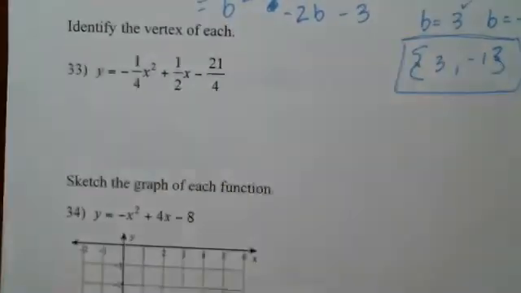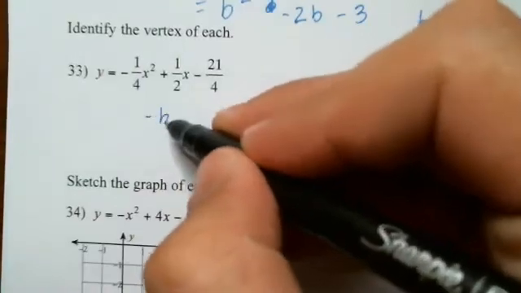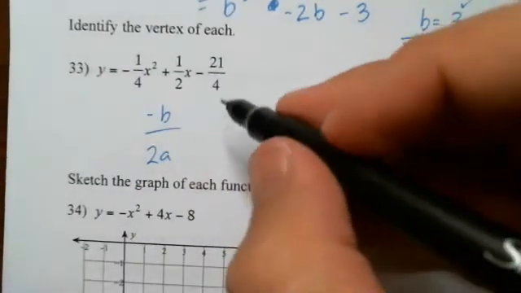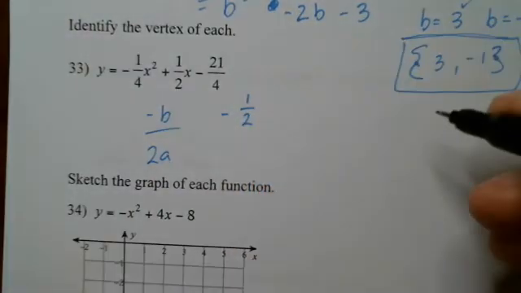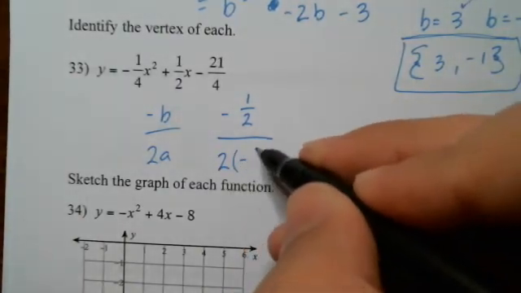So how do you find the vertex of an equation? Negative b over 2a. Opposite b over 2a. So opposite b would be negative what? 1/2 over 2 times negative 1/4.